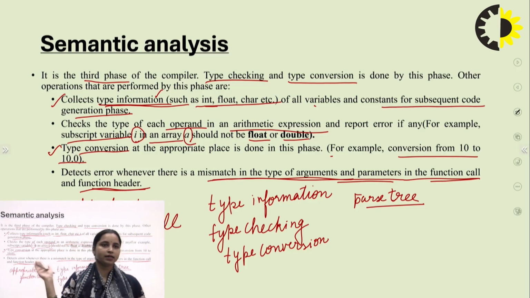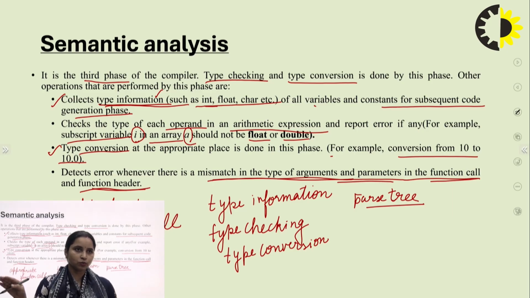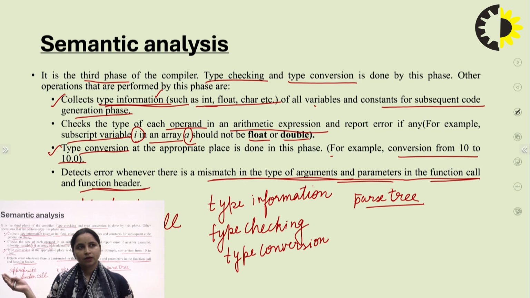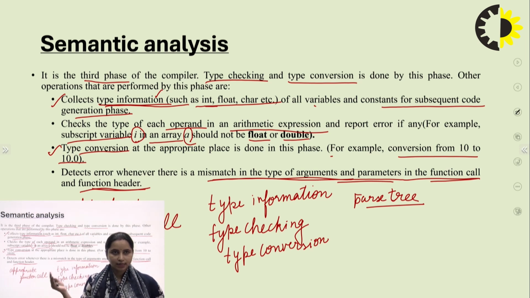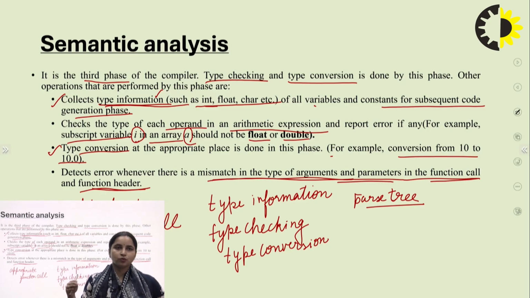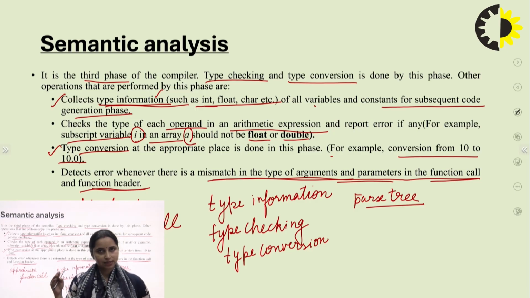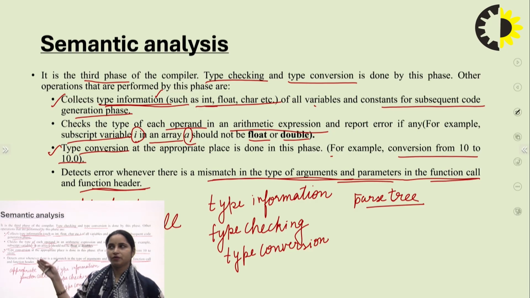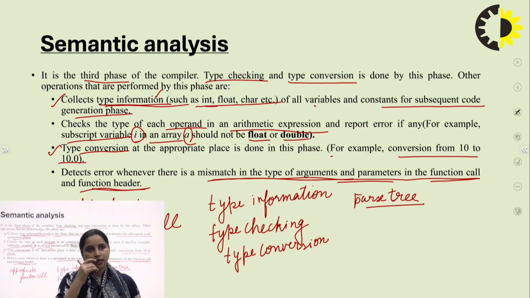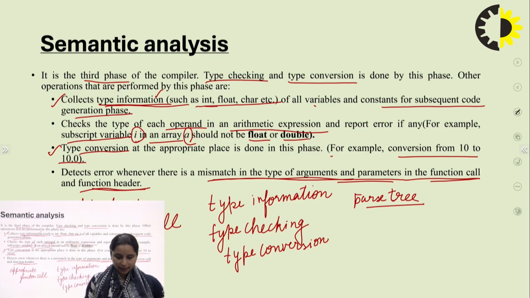In that lexical analysis phase, we are generating the tokens, and then in the syntax analysis phase, we are checking whether any syntax is missing, or any semicolon is missing, or any space is missing. So those are being checked in the syntax analysis, and in semantic analysis, we are performing these four things: type information, type checking, type conversion, and appropriate function call.